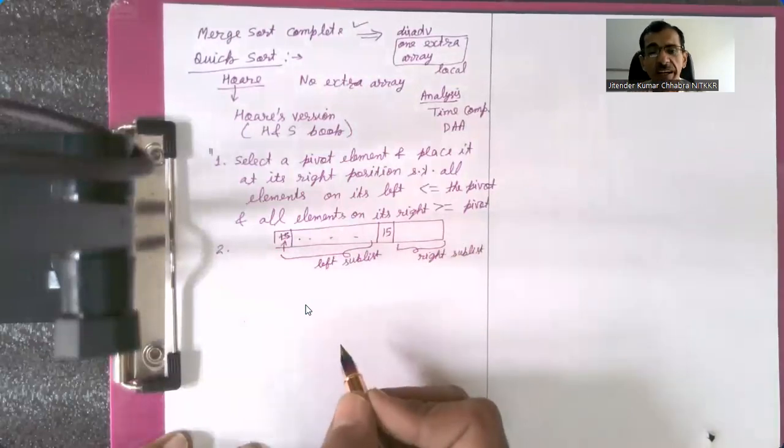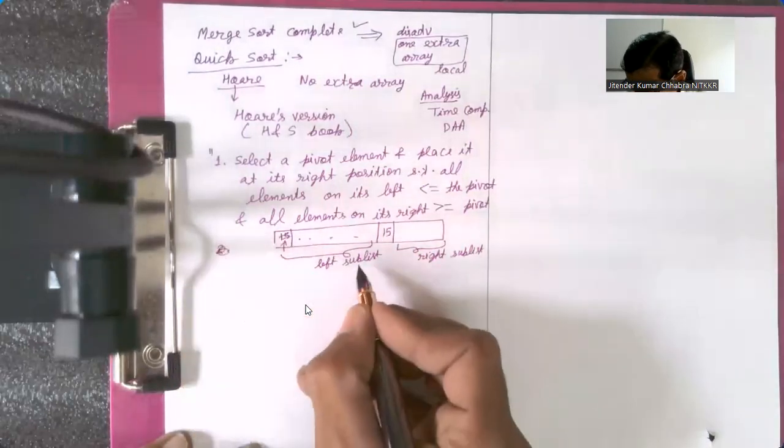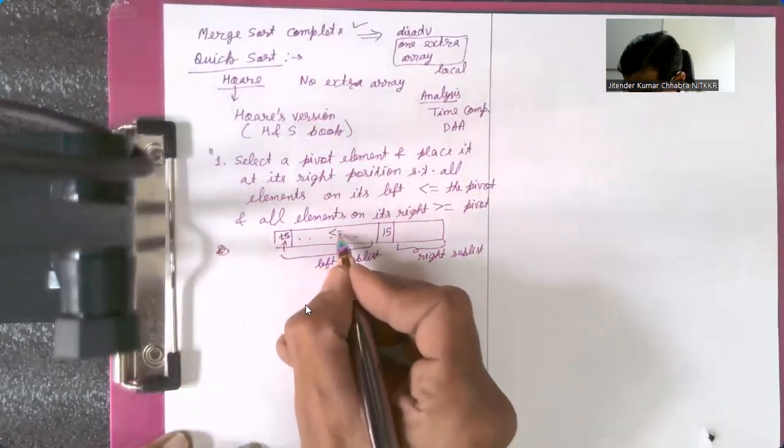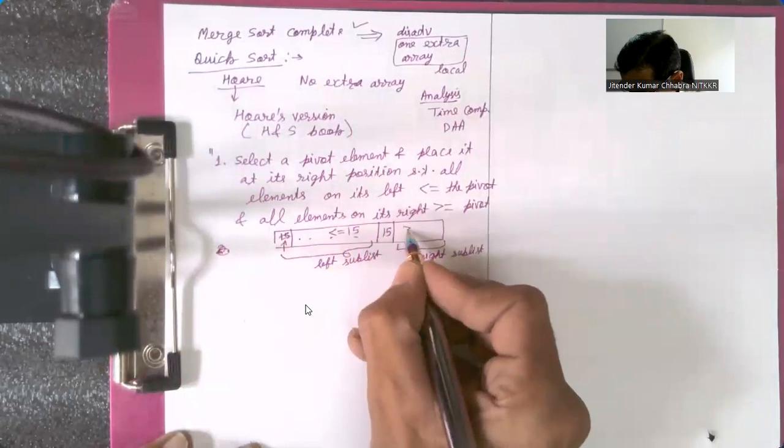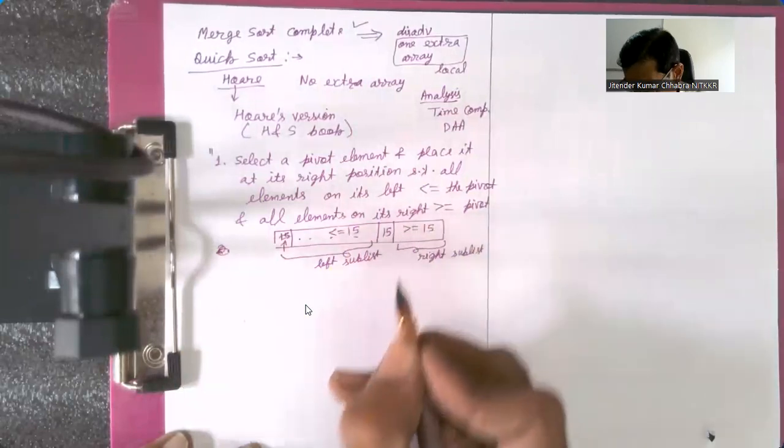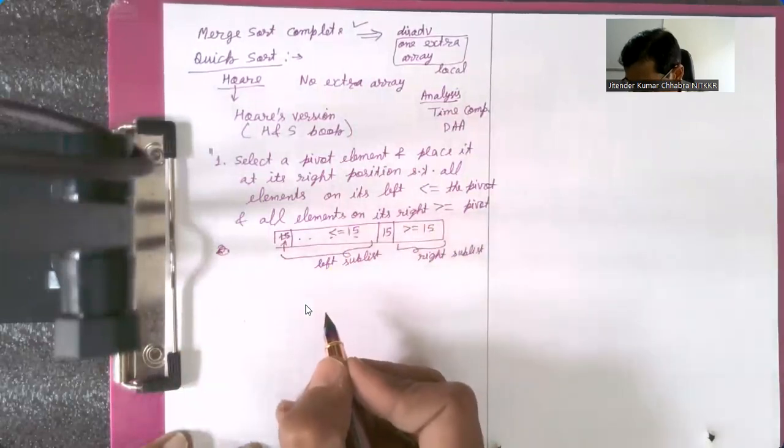And what is my requirement? Now in the left sublist all elements are less than or equal to 15, and in the right sublist all elements are greater than or equal to 15.